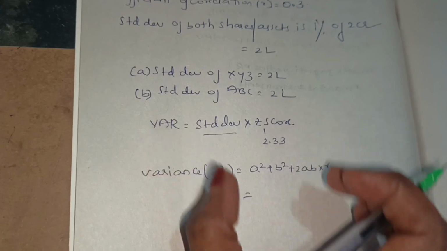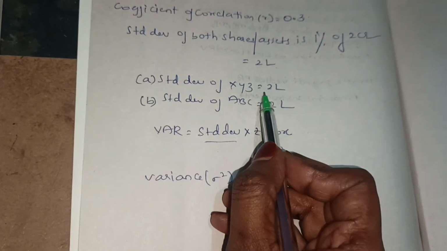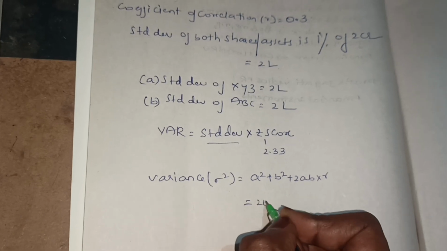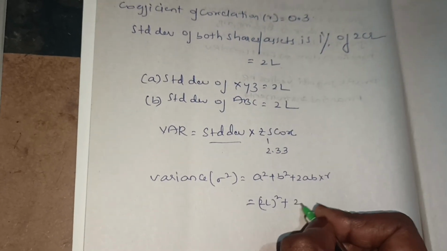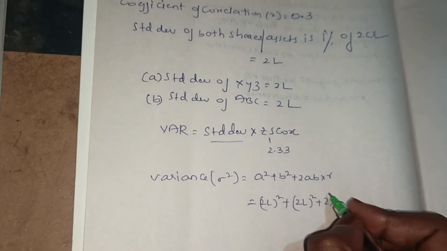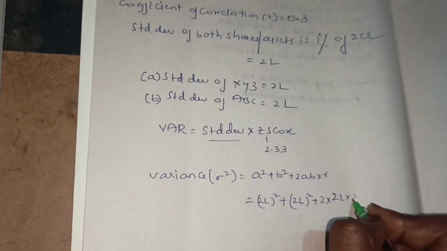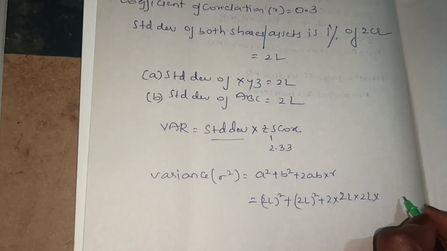Now we just have to substitute values in this formula. a is nothing but 2 lakhs, so 2 lakhs whole square, plus b is nothing but 2 lakhs, so 2 lakhs whole square, plus 2 into a, again 2 lakhs, b, 2 lakhs, r the coefficient of correlation, that is 0.3.